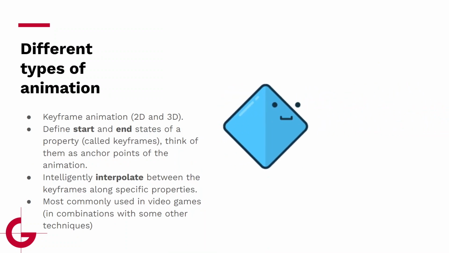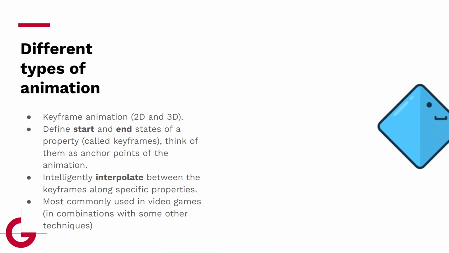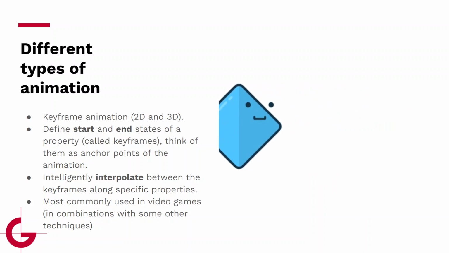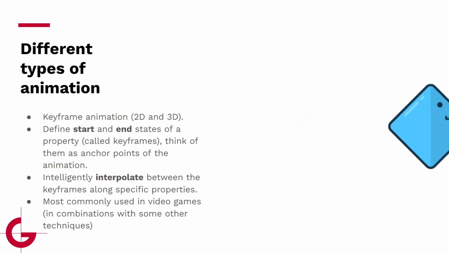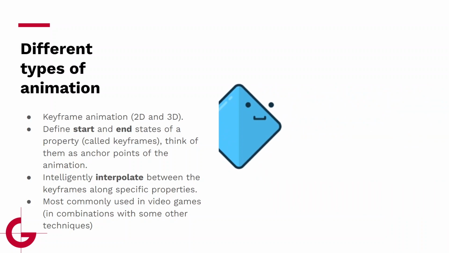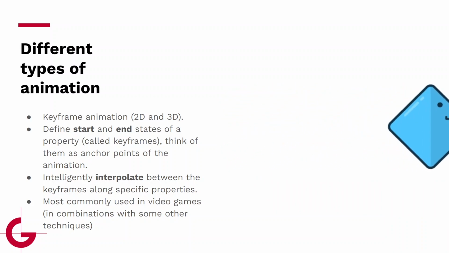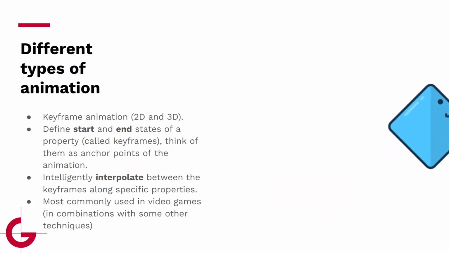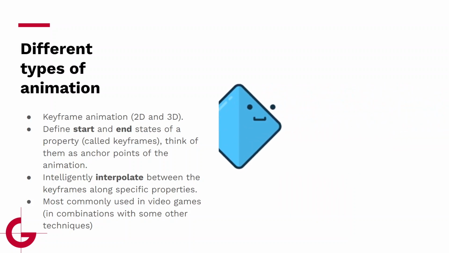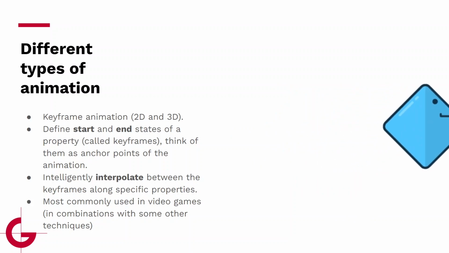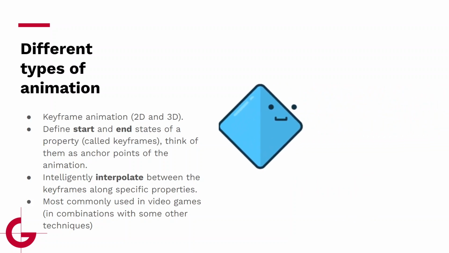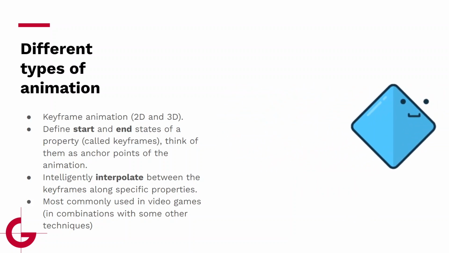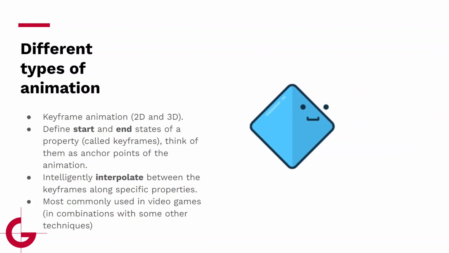And finally, we have keyframe animation. Again, this technique can be applied to 2D and 3D animation. This is a more complex technique because we define the start and end states of a property, and we call these start and end states keyframes.